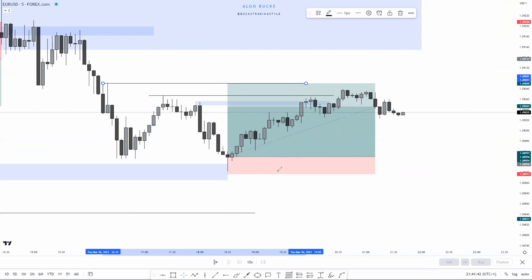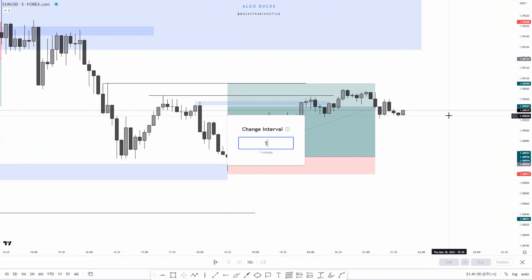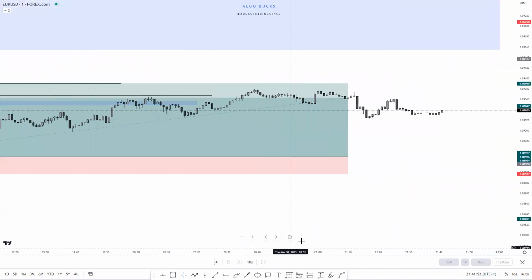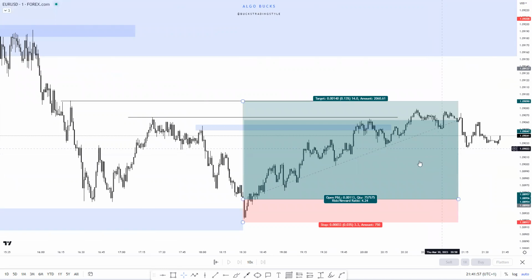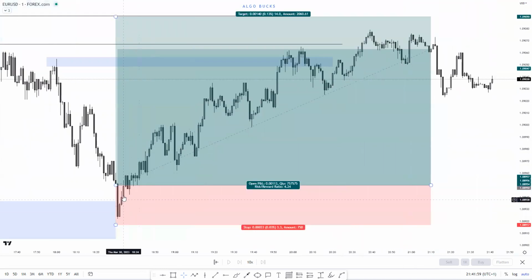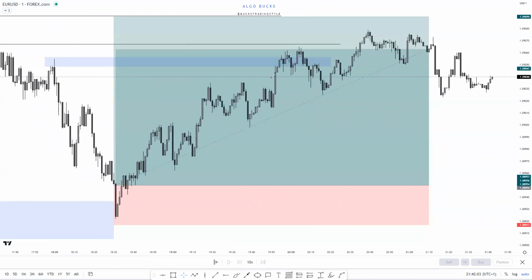So this buy is still on, and we probably might have gone break even on this buy. Oh, I was playing it on the 5-minute time frame and not the M1. Yeah, all the same.